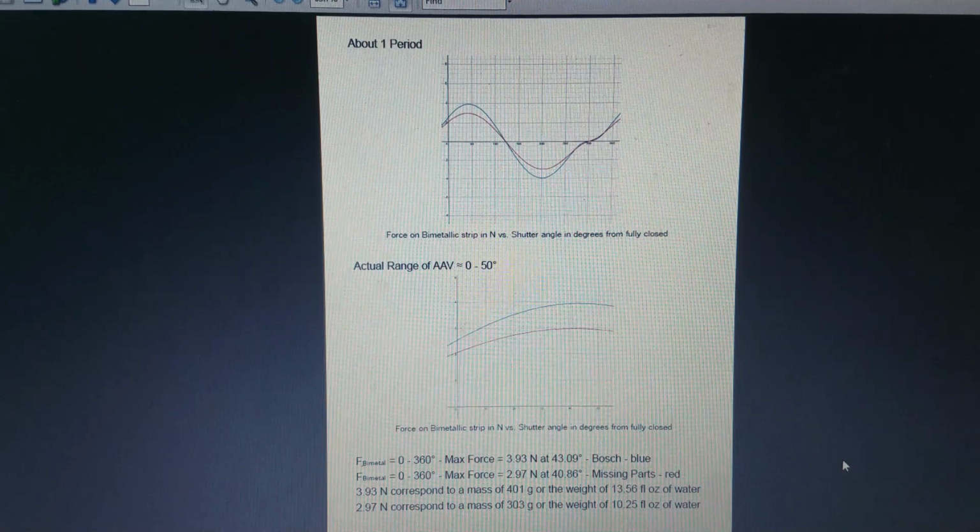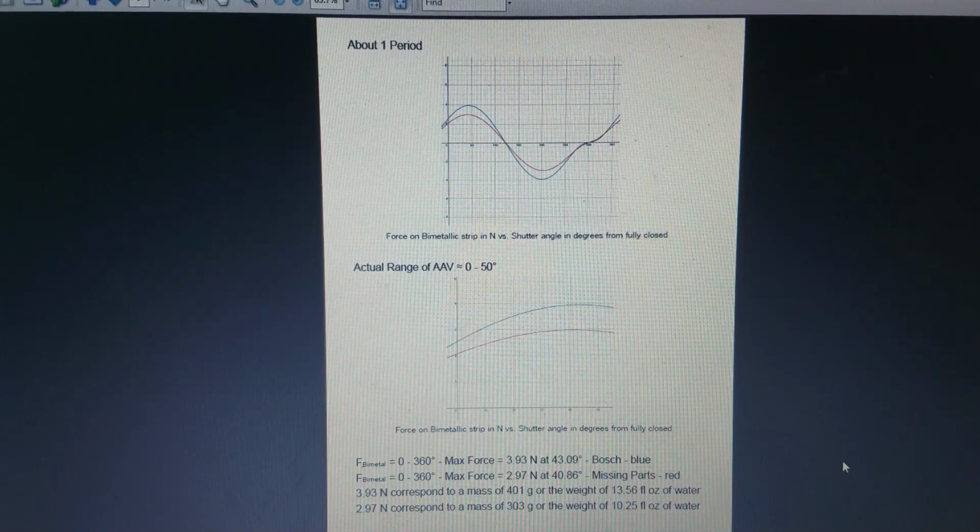And you can see that we have a maximum force on the bimetal strip of 3.93 Newton for the Bosch spring at 43.09 degrees, and 2.97 Newton for the missing parts spring at 40.86 degrees.